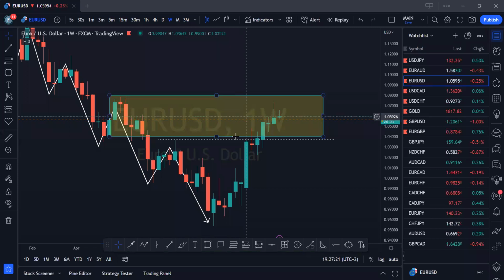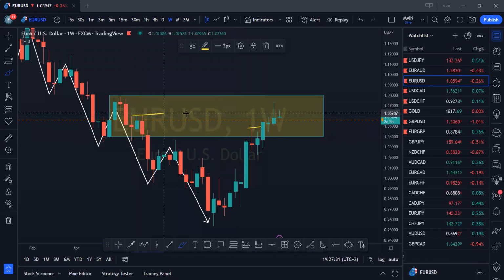Let me delete this. You can see price grab liquidity here, like so. Okay, and then price also grab this liquidity. Pardon my straight line, right? And usually when you see liquidity grabs like so, it's an indication of a reversal that might happen.